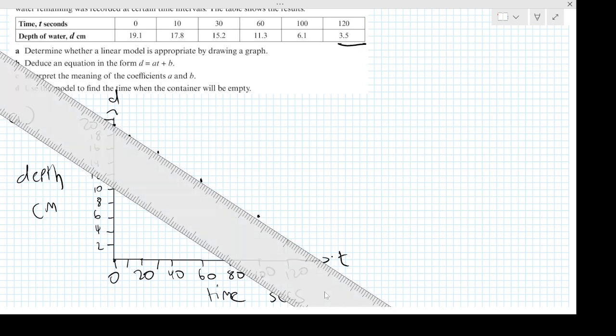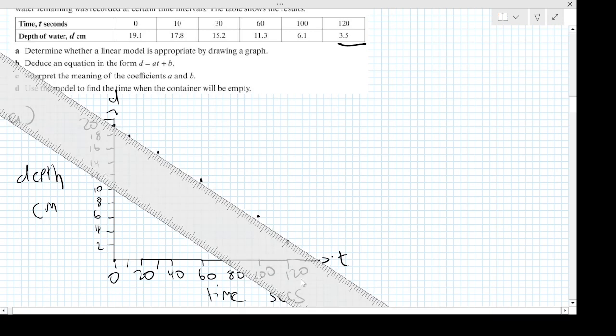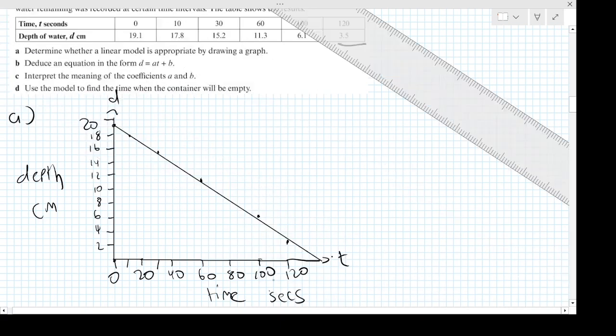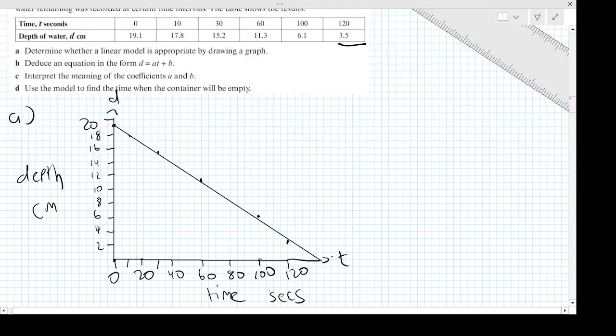I think that might be a reasonable sort of line to draw to connect through the points. Okay, so let's do it then. A line looks like this. Okay, cool. And so, determine whether a linear model is appropriate.